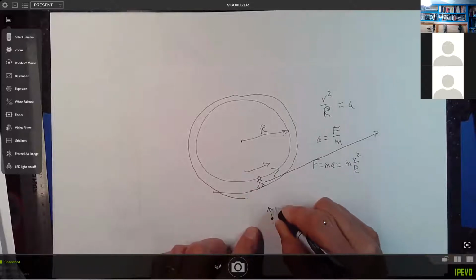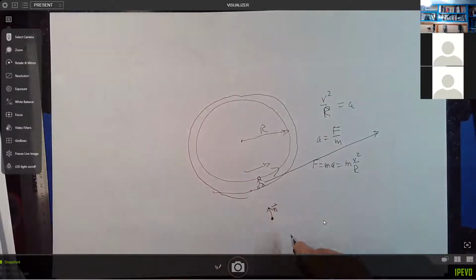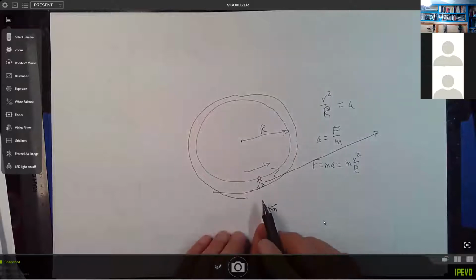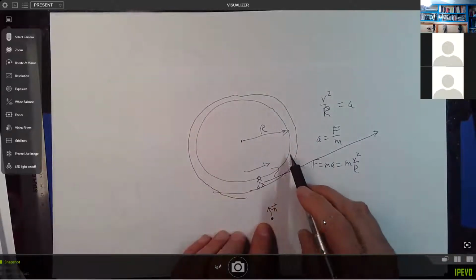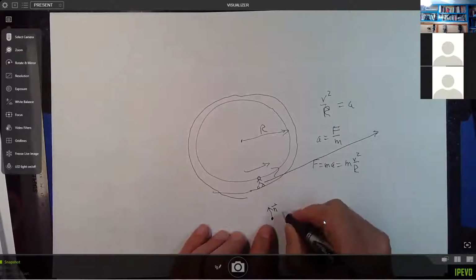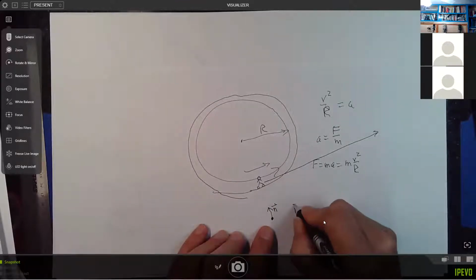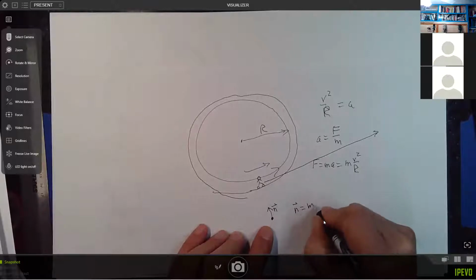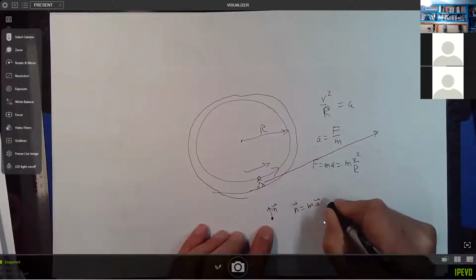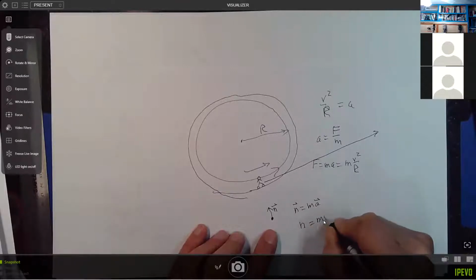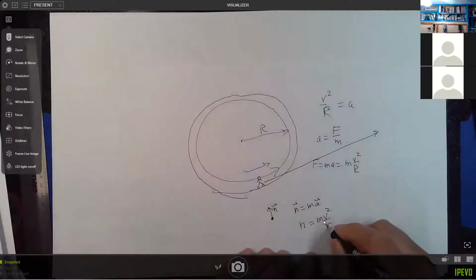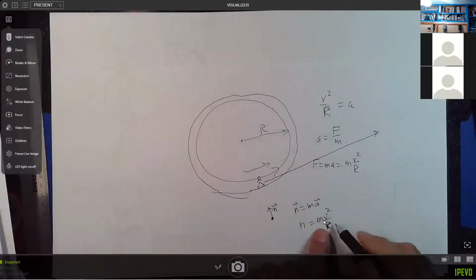It's the normal force. And they've got acceleration toward the center of the circle because they're traveling in a circle. And so that normal force, which is equal to ma, is going to equal in magnitude mv squared over R, whatever their radius is. I used a capital R, so we'll use that.